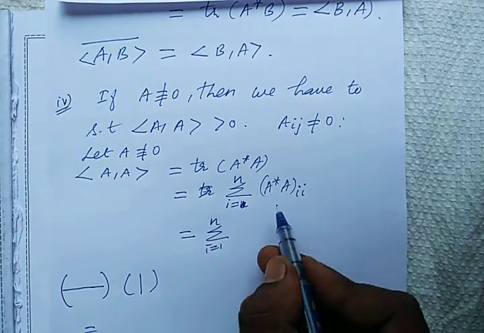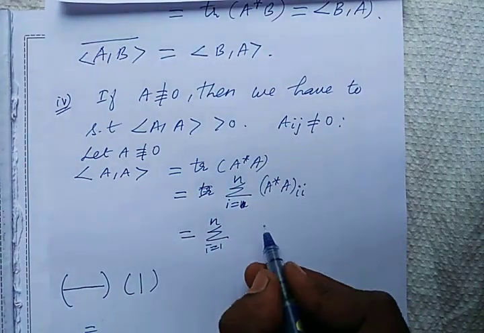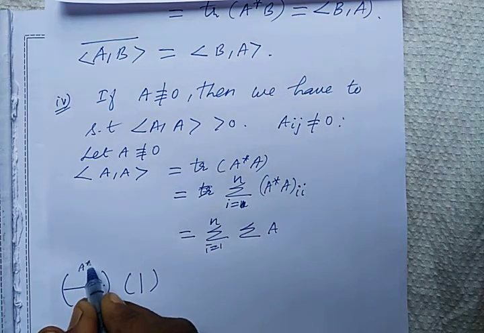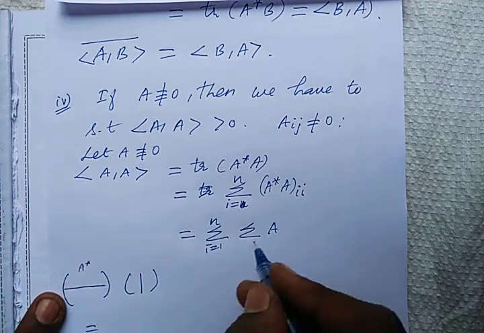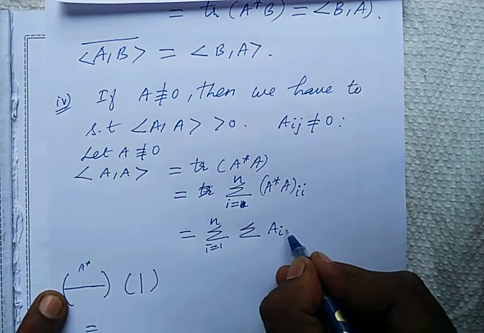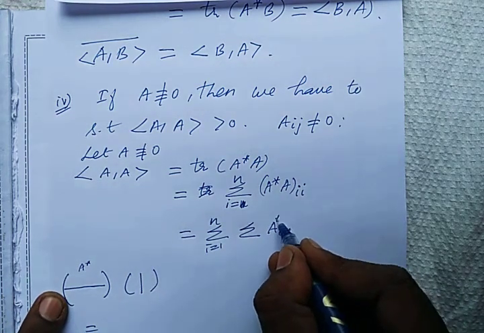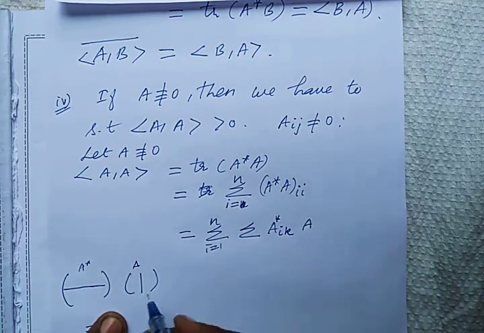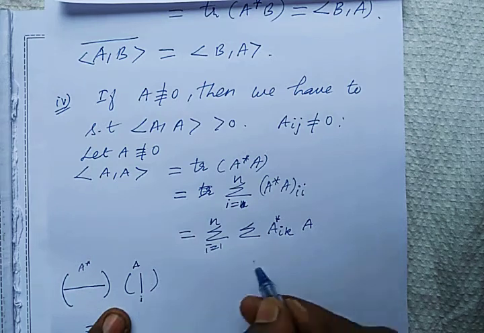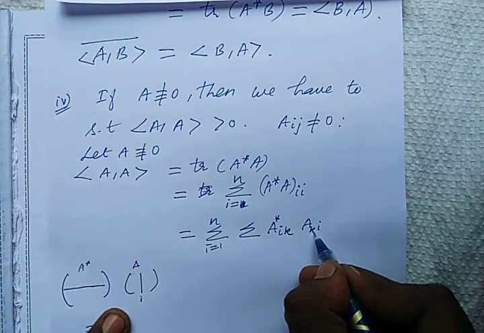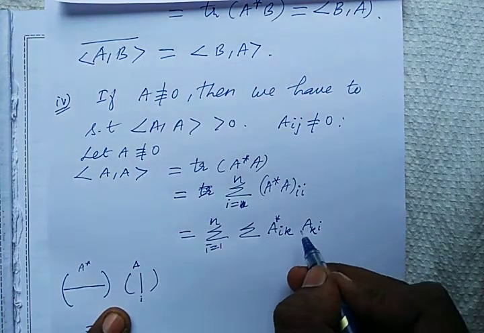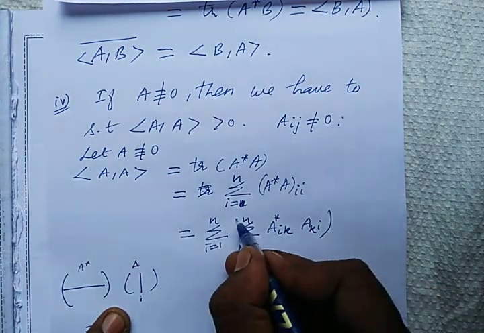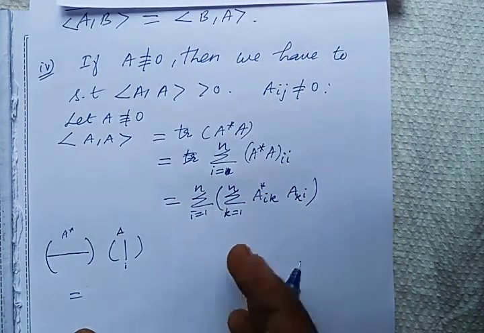So if we multiply this, we get a summation. From the matrix A star, we have to pick the ith row, and the column has to change. In the matrix A, we have to pick the ith column. Here the row has to change, where k runs from 1 to n. So we get this one.